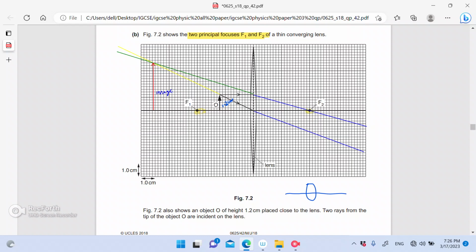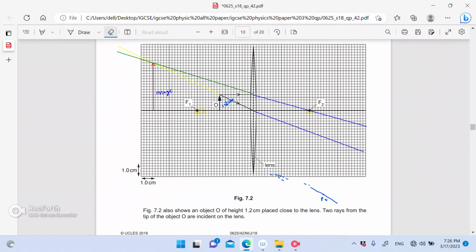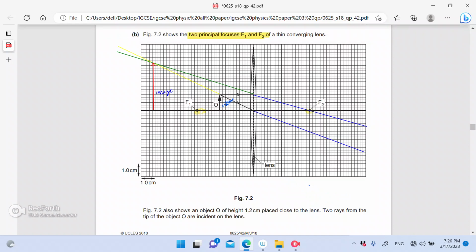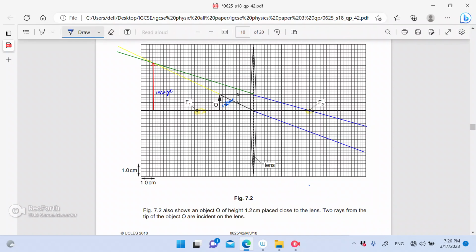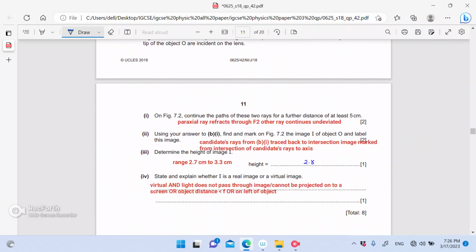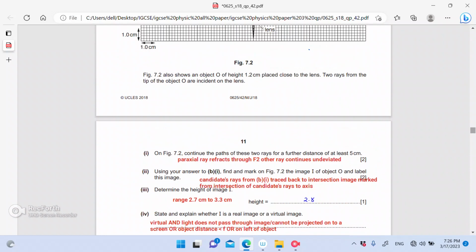As you know, when you draw this, the first ray will cross F2 on this side, and the other one will go straight through the center of the lens. So just check where it is meeting. Where it will meet, there your image will form.